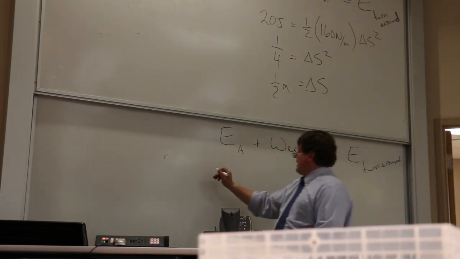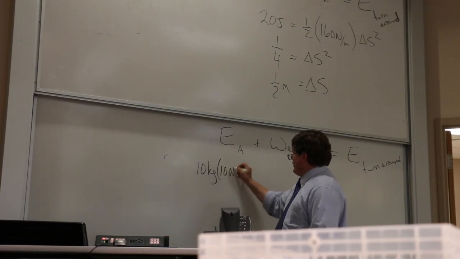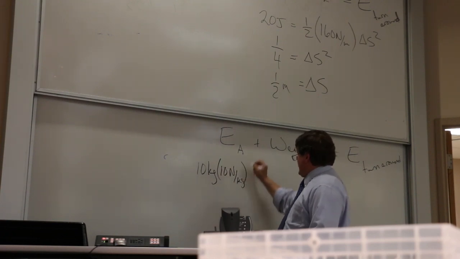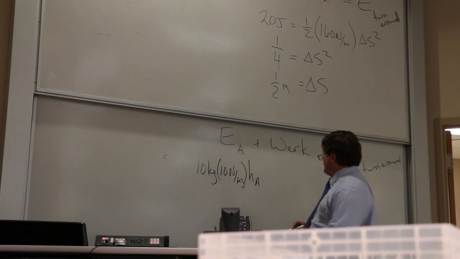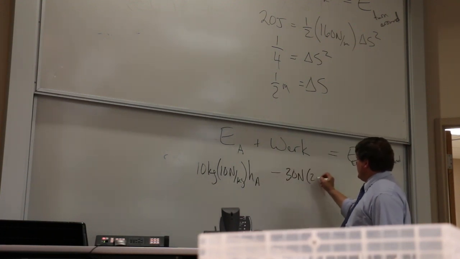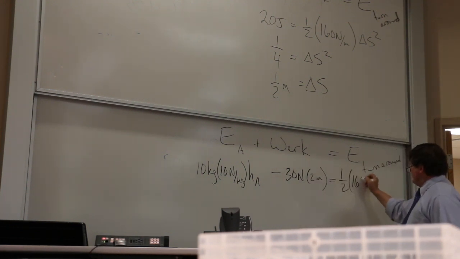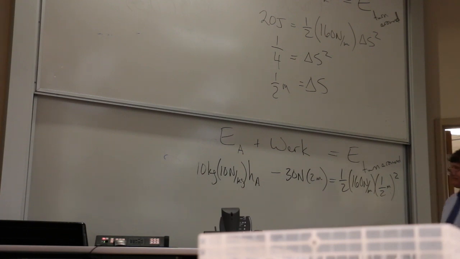So at A, I would say, well, I've got 10 kilograms. G is 10 newtons for each kilogram, and this is times H at A, minus the 30 newton friction force times 2 meters is equal to 1/2 times the 160 newtons per meter times the 1/2 meter squared. And suddenly it's algebra. And we solve for H and we get 0.8.